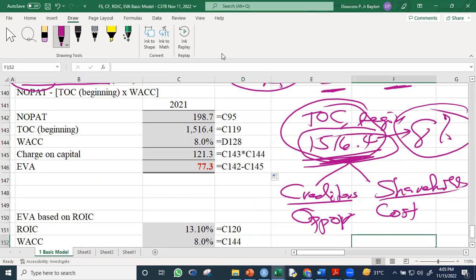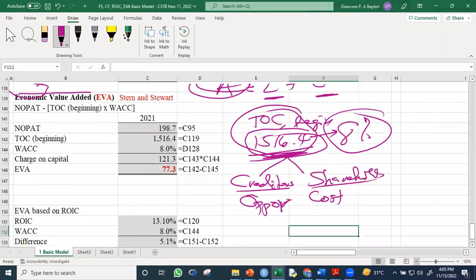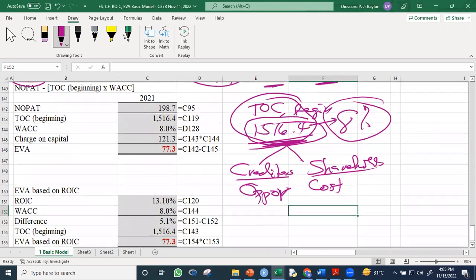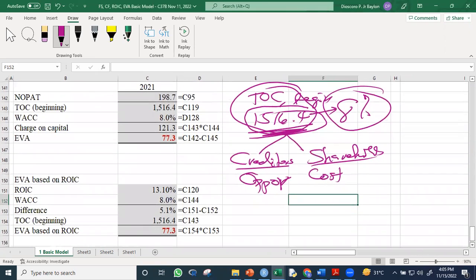Yes, Julio, what's your question? Nag-chat ka ba? Can you show the formulas for the last two tables? Okay, yeah. Okay, yan na. Pinakita ko na siya. No? There. That's it, sir. Okay? Did that answer your question, Julio?